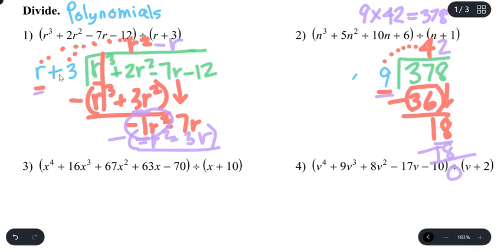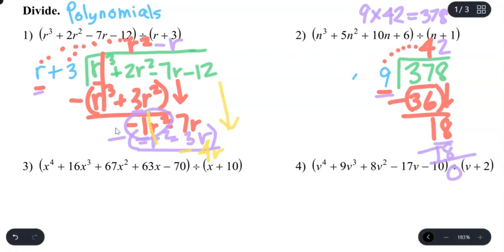So negative 1r squared minus negative 1r squared obviously cancels. Negative 7r minus negative 3r. Minus a negative changes to a positive. So I've got negative 7r plus 3r. That gives me negative 4r.